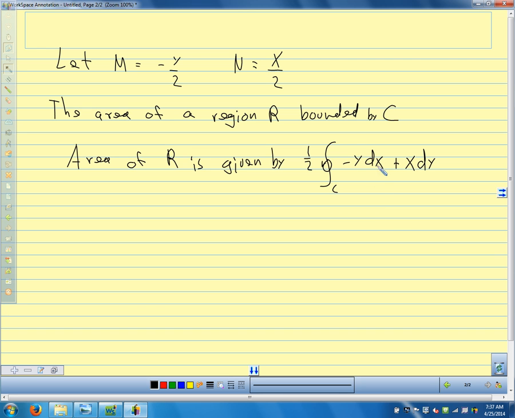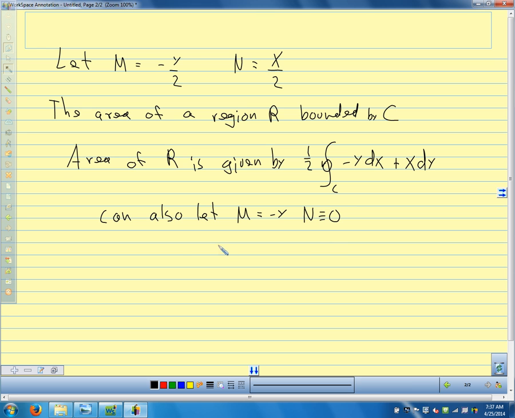We could split this into two pieces. One choice of M and N is to let M equal negative y over 2 and let N equal x over 2. We could also pick M equal to negative y, and N identically 0, so N is 0 everywhere.